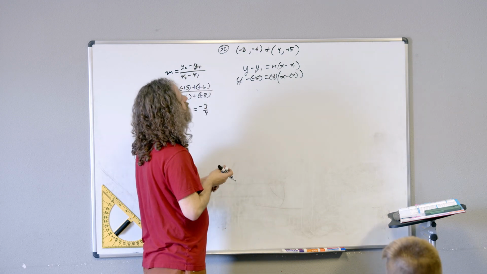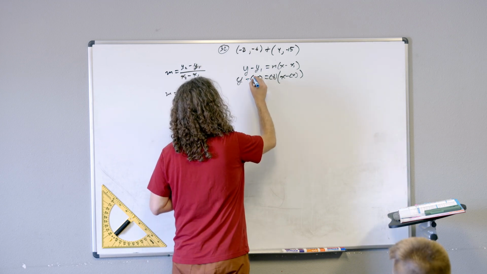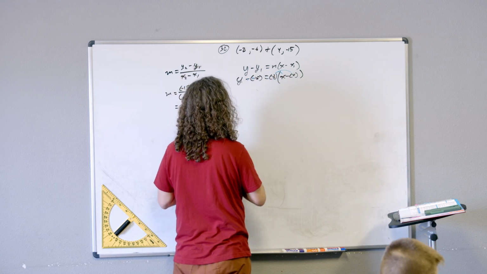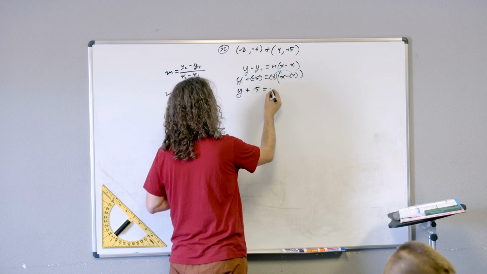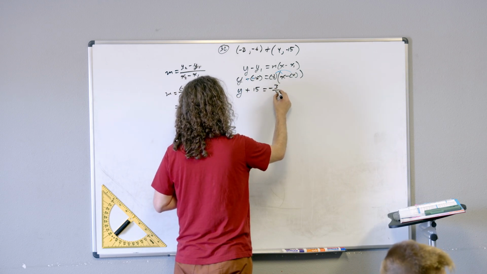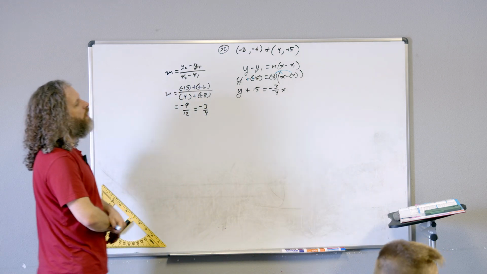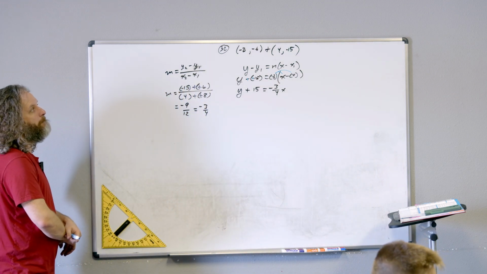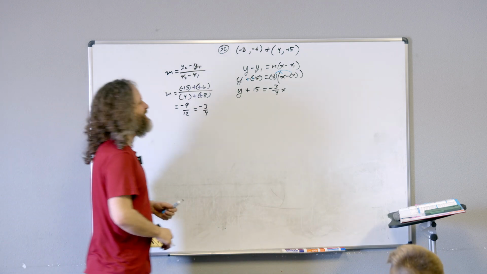Okay, what now? Distributive property, right? Yes. So y plus 15 equals negative 3/4 x. And then negative 3/4 times negative 4 is what? Positive 3.